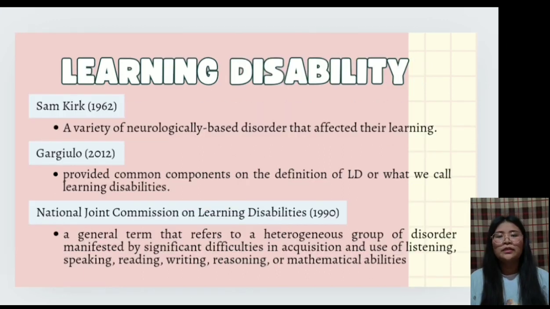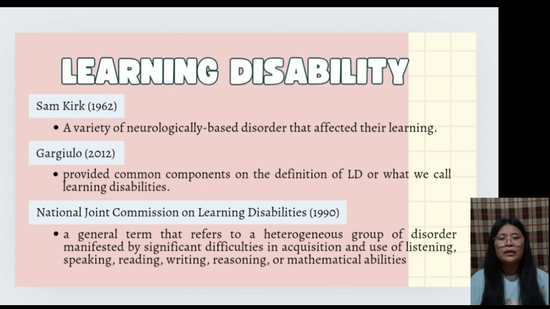Now let's proceed to learning disability. In 1962, Sam Kirk introduced the term learning disability, which he defined as a variety of neurologically based disorders that affect learning. In 2012, Gargiulo provided common components and the definition of learning disabilities.